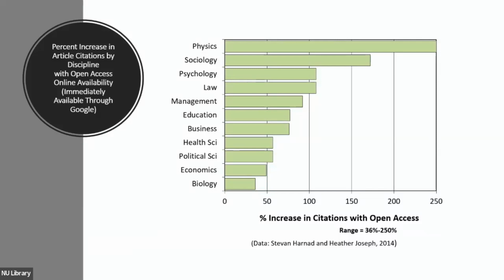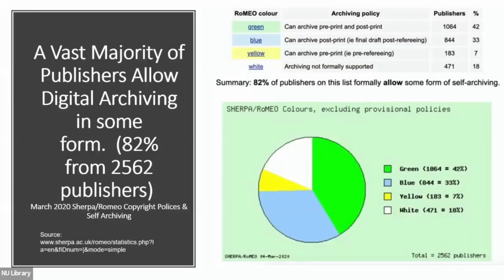Then if you go all the way to physics, you're increasing the citations 250%. Now that's very, very important for academics and research and graduate students. And that's what you're really trying to do.